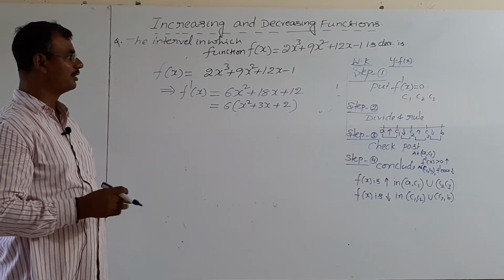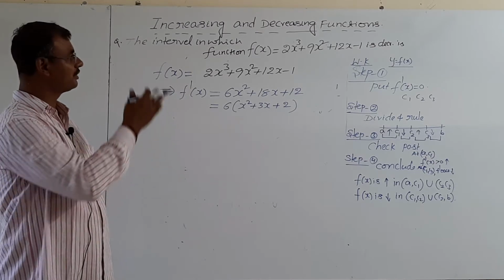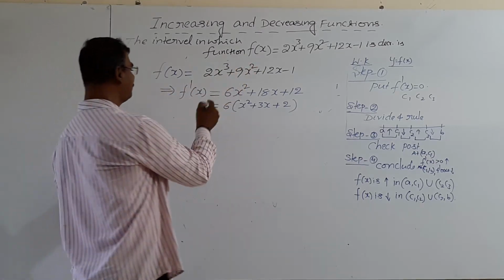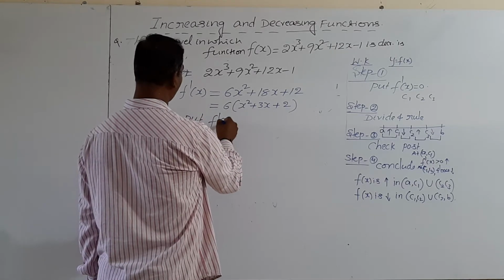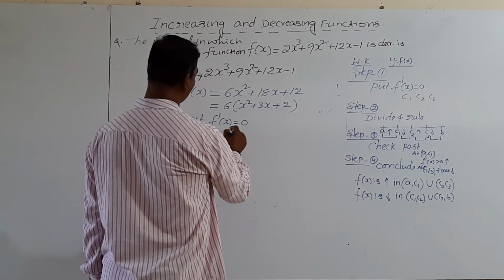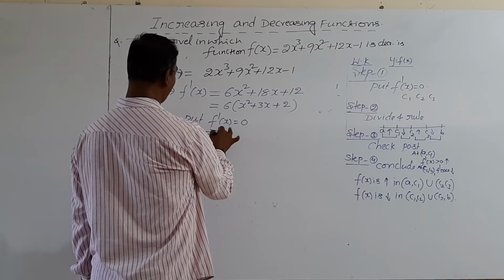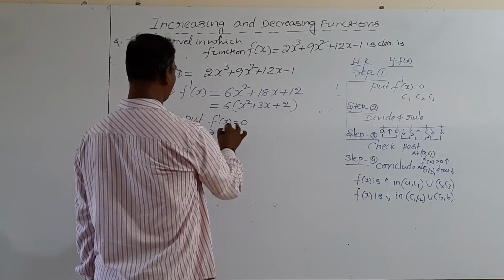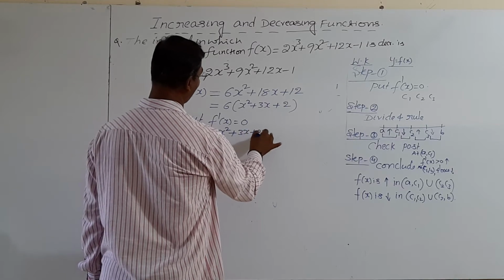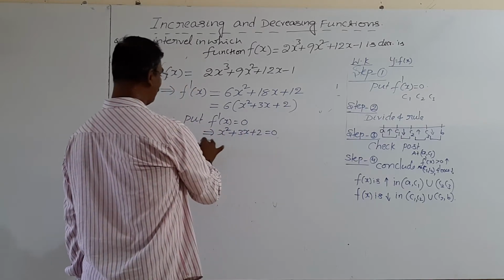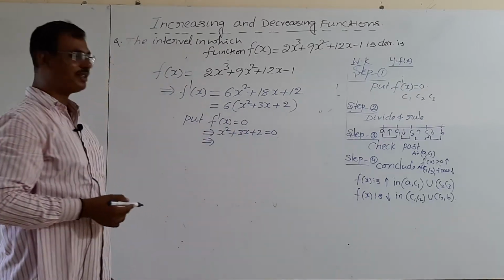Now we are going to the method, the steps and working rules. What is step number 1? Put f dash of x equal to 0. That means x square plus 3x plus 2 equal to 0. What do you call this equation?